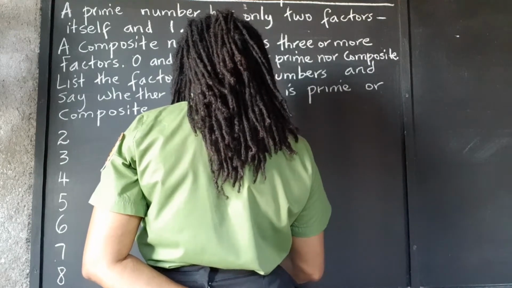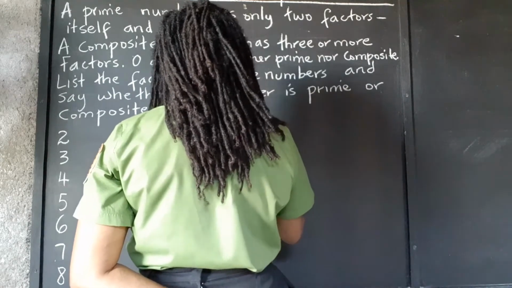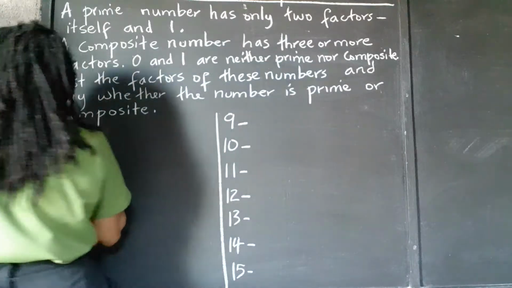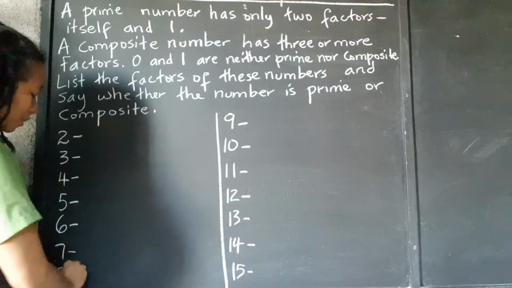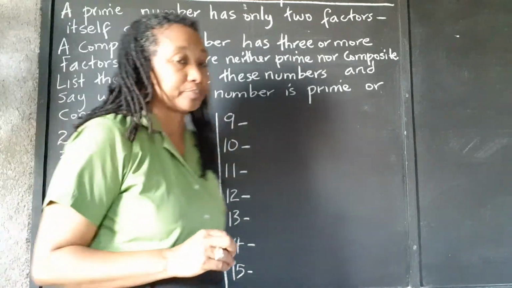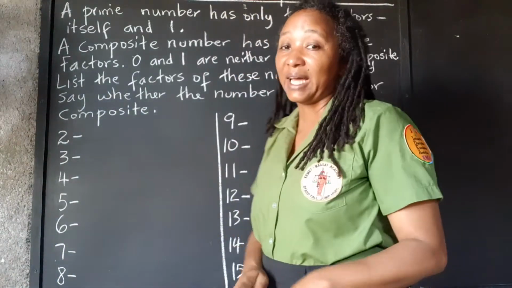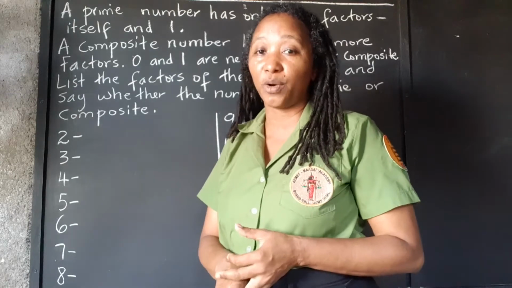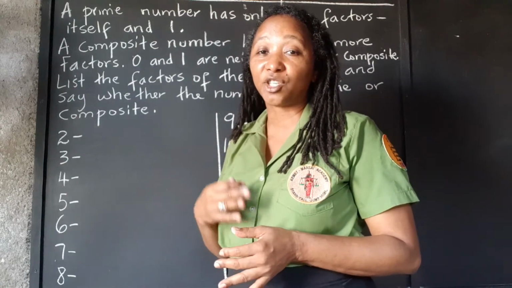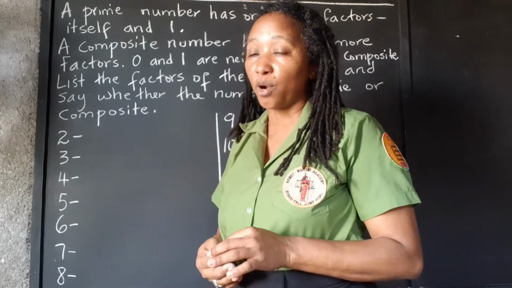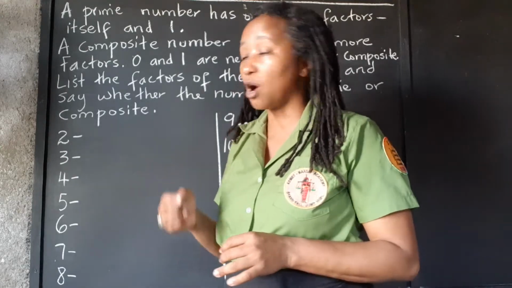So for each of these numbers, we're going to list all the factors, all the numbers that can go exactly into them without leaving a remainder. If we find that it's only themselves and 1, we're going to put P for prime. If it has other factors, then we're going to put C for composite.